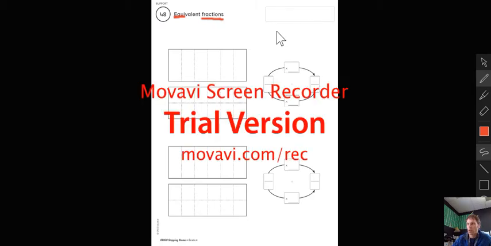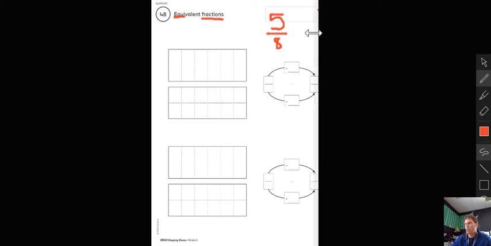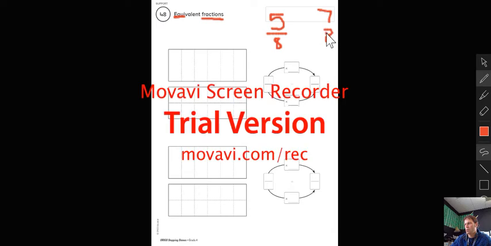If you take a look at this, we're thinking about 5/8 and 7/8. 5/8 and 7/8. I have a mouse now. It takes a lot of concentration though. Looking at those, this is 8.